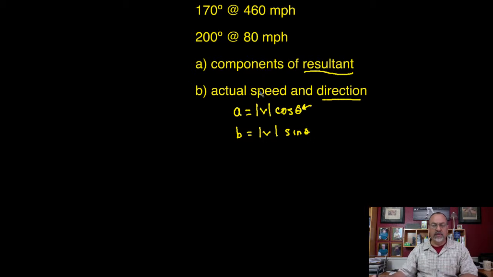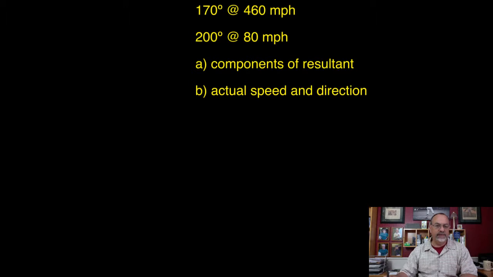Well, once I know the resultant vector, I'll have the A, and I'll be able to calculate the magnitude, so I can substitute those two values into this expression and then solve for the angle. There is one other way you can do this, and I'll talk about that when we get there, but that's what we need to do. So let's go ahead and begin doing this.